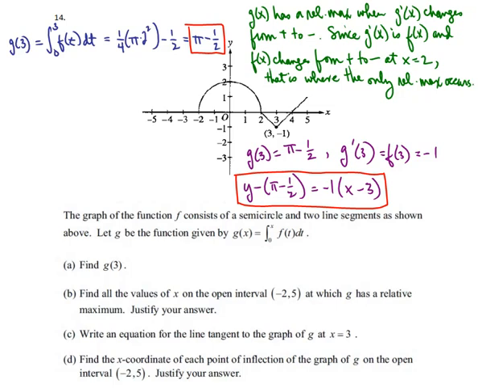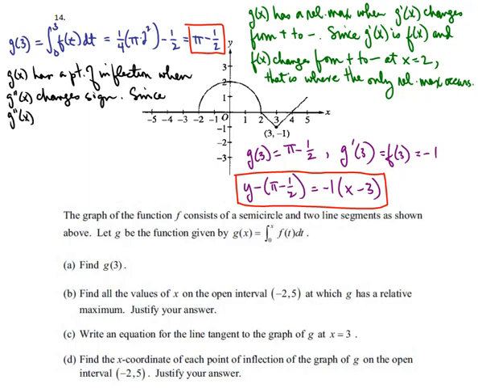For part D, we want to find the x-coordinate of each point of inflection of the graph of g on the open interval from -2 to 5 and justify the answer. Now, g of x has a point of inflection when the second derivative of g, or g prime prime of x, changes sign.